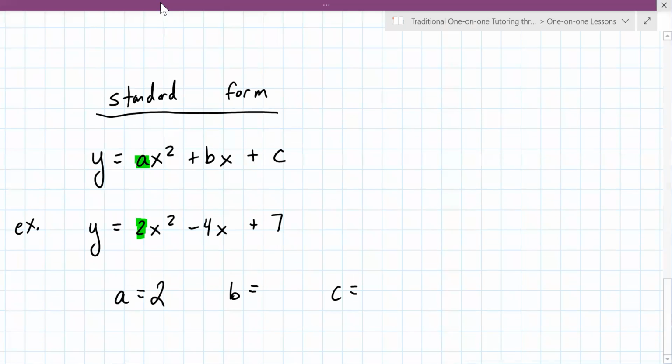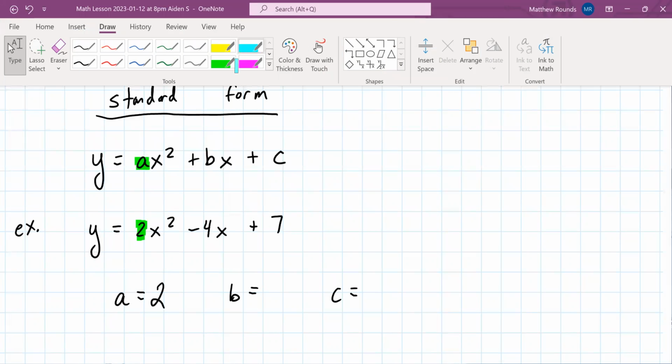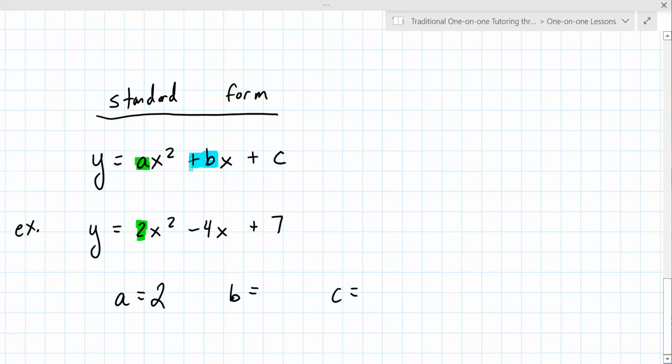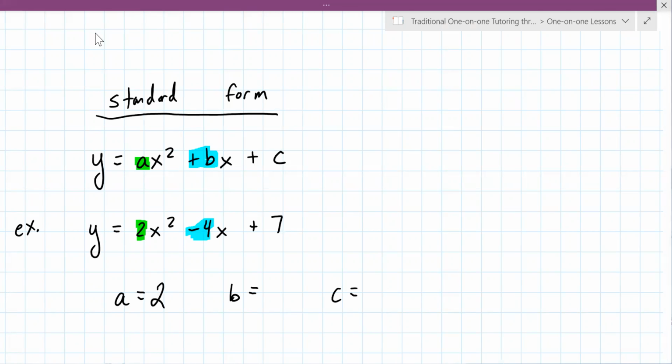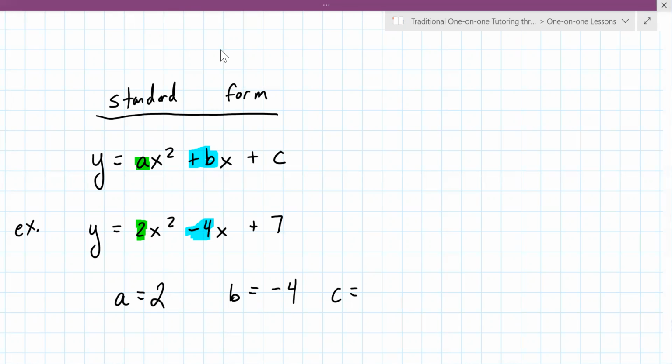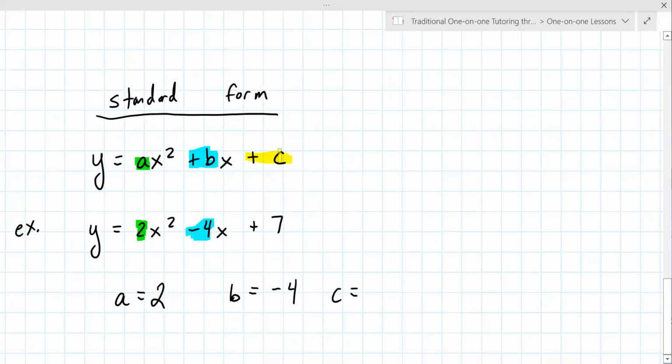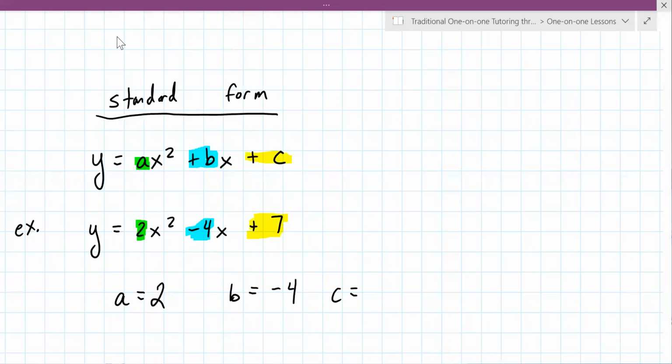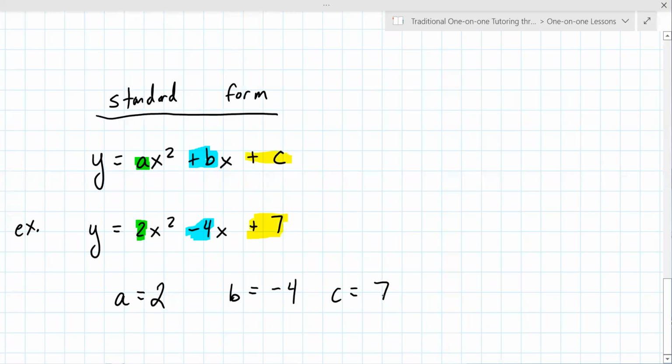Now b is the number that's in front of x. Now it takes on the sign. So if there's a negative there, it's negative. If there's a positive there, it's positive. What is the value of b? Negative 4. Good. And then c is whatever is left over. So see how in this problem you've got a +7. So your value of c is 7.